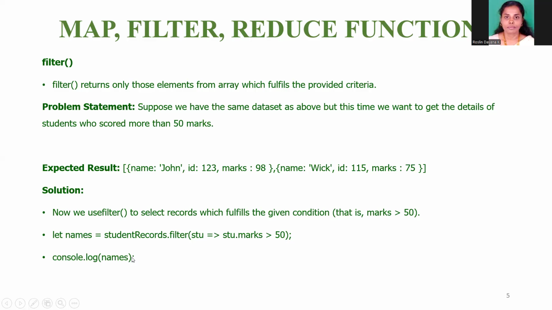To get these two names, we use names is equal to student records dot filter of student where student dot marks is greater than 50. With marks greater than 50, you are printing the names.